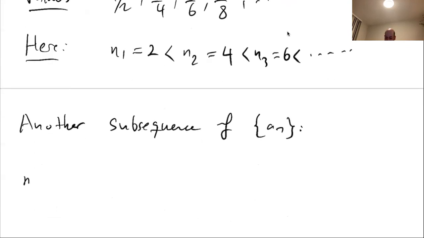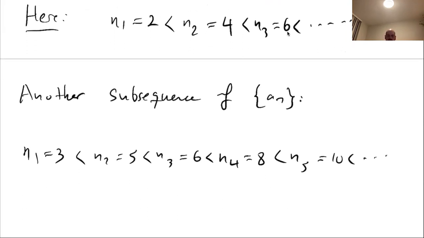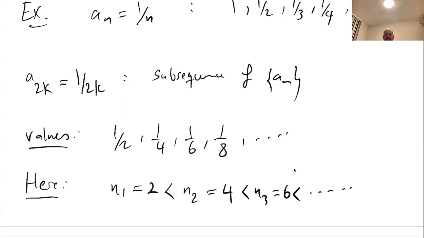I could say, for example, N1 equals 3, less than N2 equals 5, less than N3 equals 6, less than N4 equals 8, less than N5 equals 10. So the first two indices are odd, then the rest are even. That's okay, as long as N1 is less than N2, N2 less than N3, and so on, you have a subsequence.